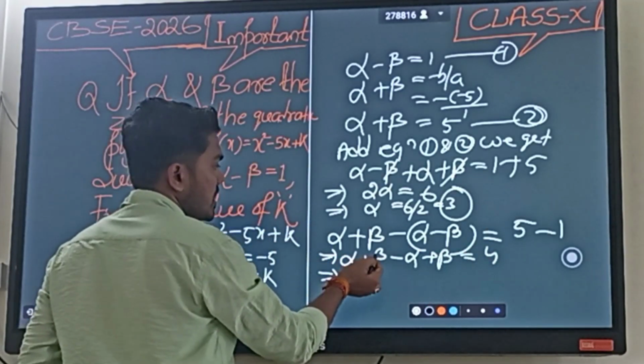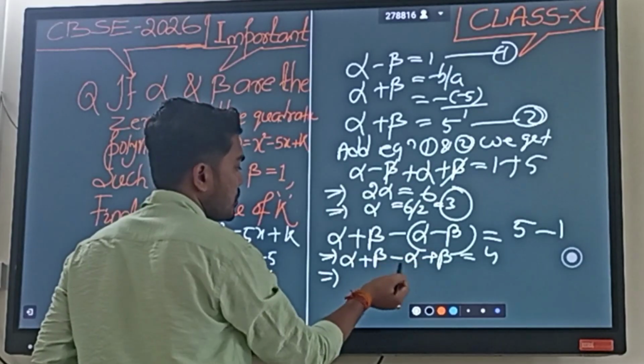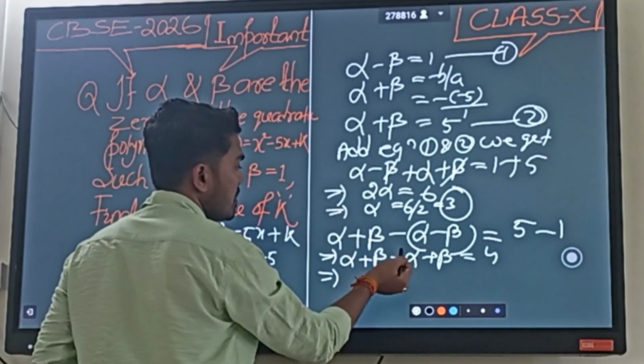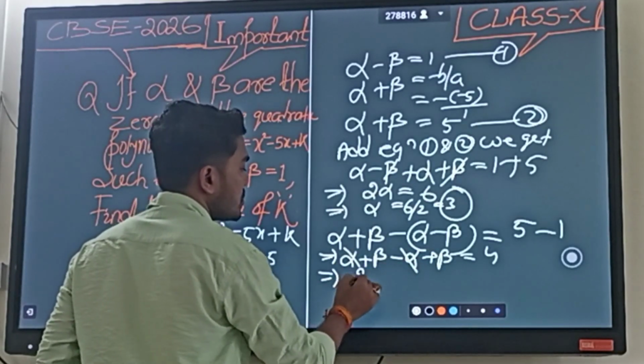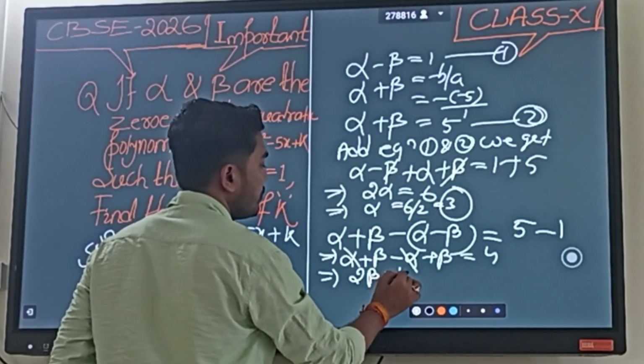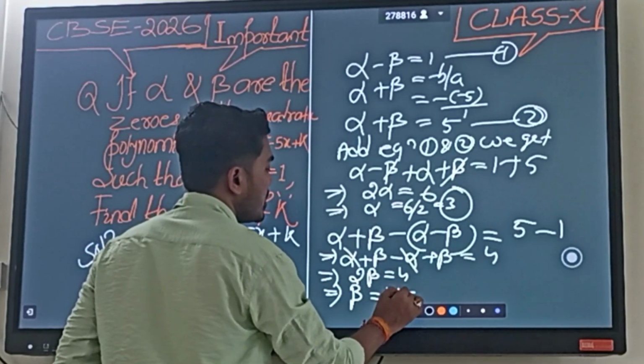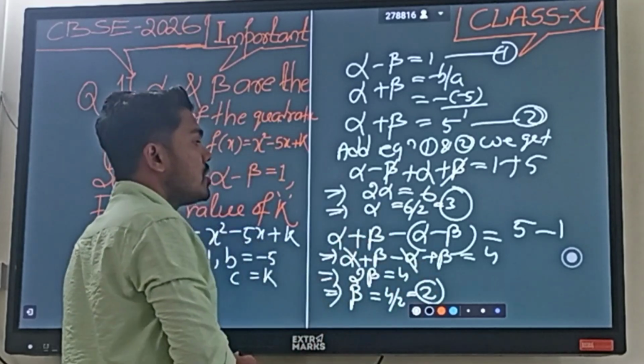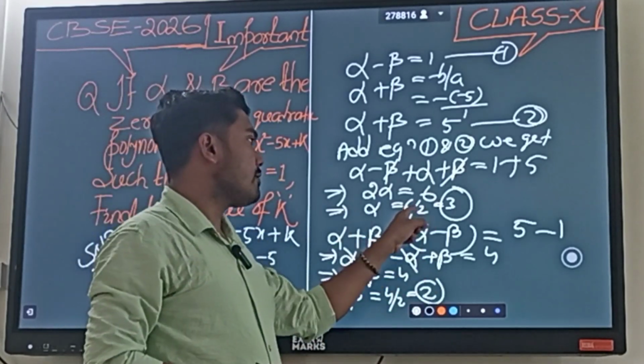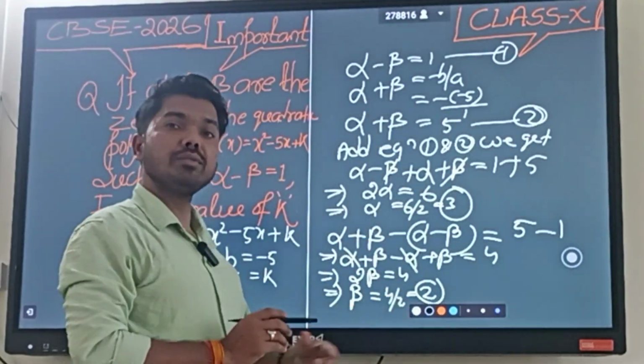Here you just see, 2 beta, and alpha minus alpha cancel out, so 2 beta is equal to 4. This implies that beta is equal to 4 by 2, which is 2. So the two roots you just got, students, are alpha equal to 3 and beta equal to 2.